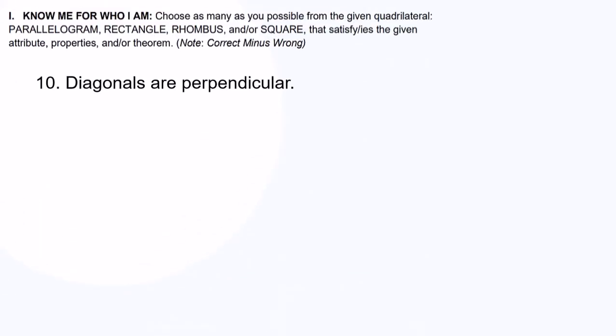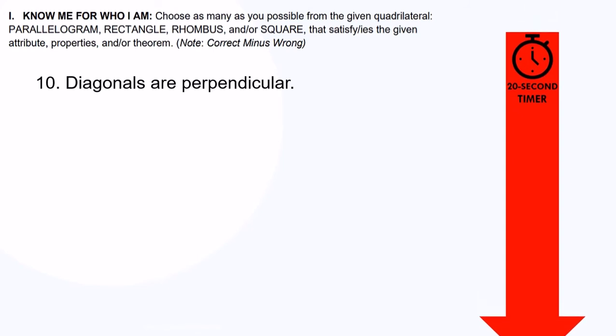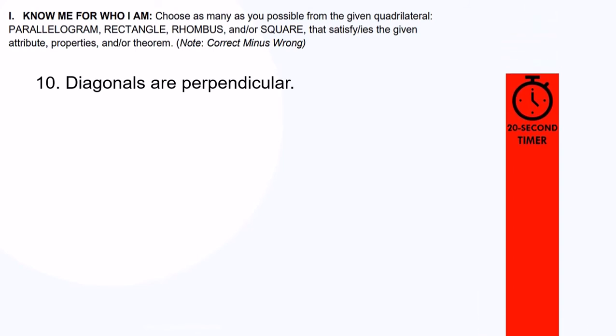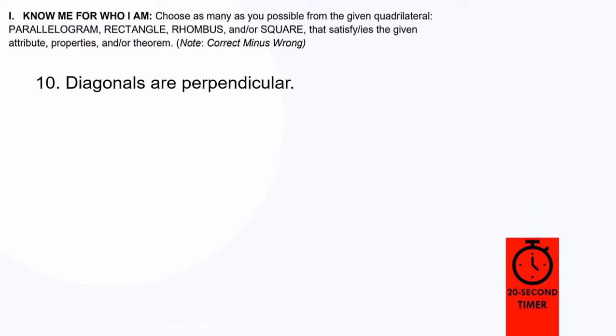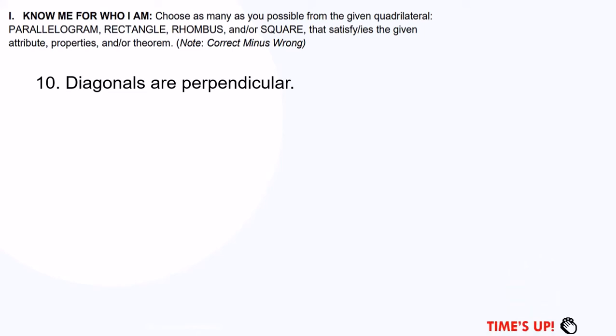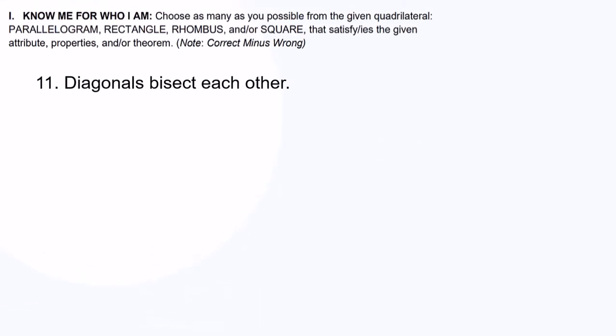Number 10. Diagonals are perpendicular. Your timer starts now. Correct answer, rhombus and square. Number 11.